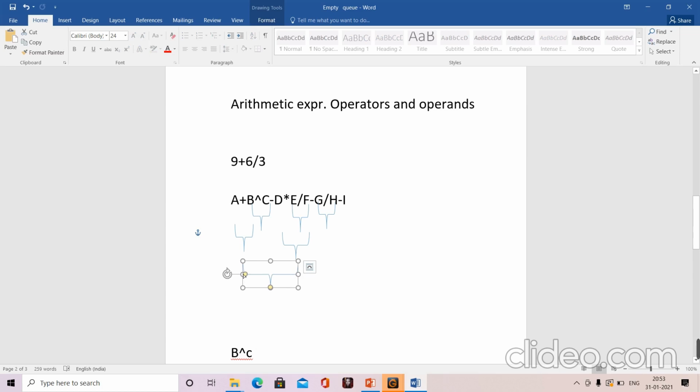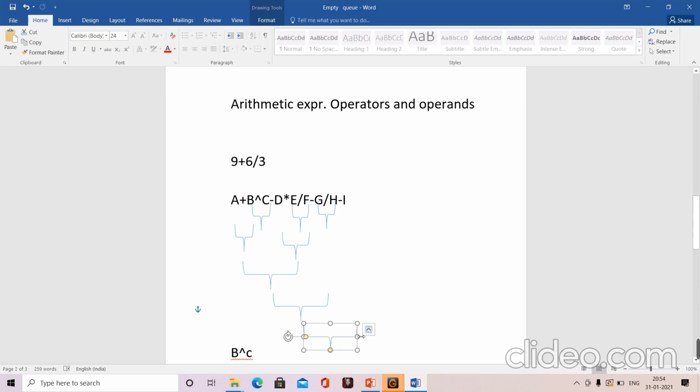This is your sixth. Seventh will be from till G, all right, G. And eighth will be from the remaining with I.